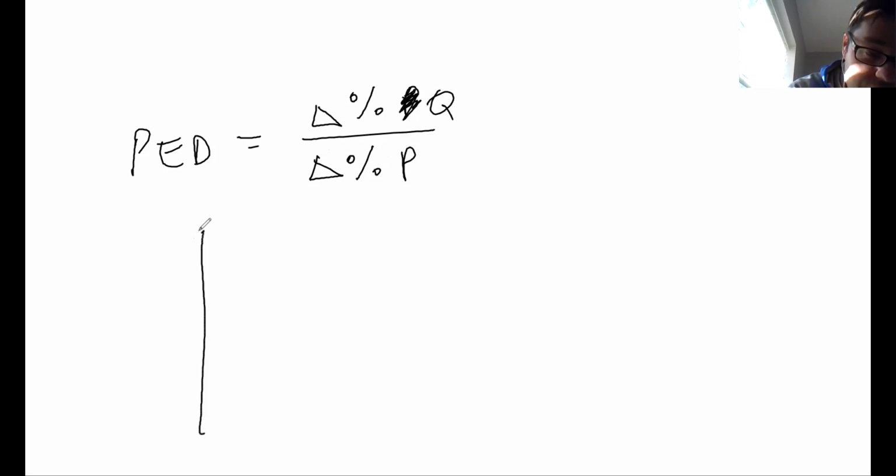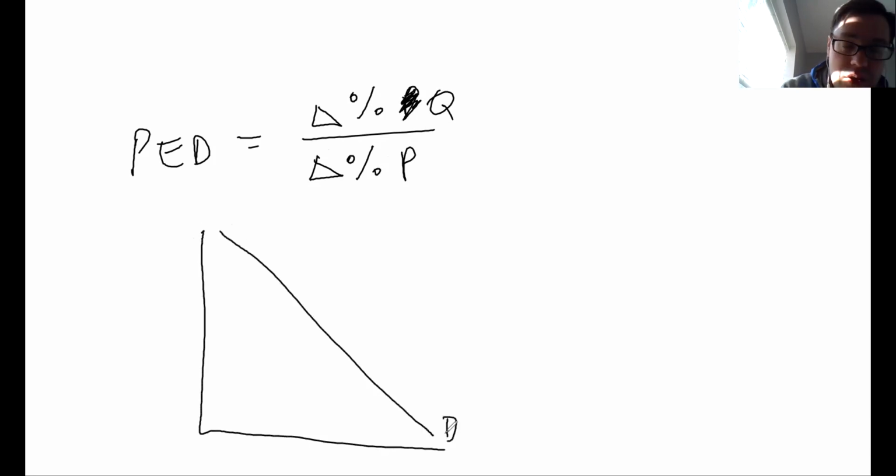So let's just draw any old demand curve here. There's a phrase, being on the elastic part of the demand curve and being on the inelastic part of the demand curve. And then there's a part of the demand curve where you will be essentially unit elastic, where this ratio would be equal to 1. So think about it this way.